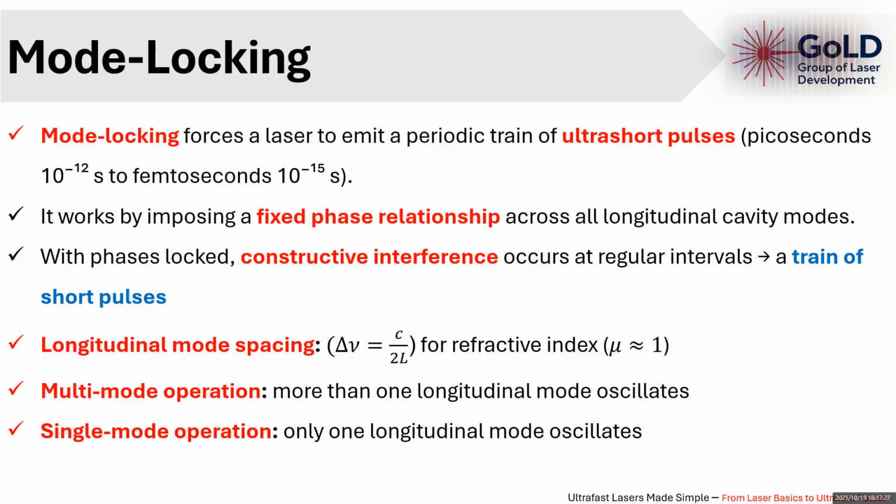Picosecond also comes, but I am talking about the common trend. So we get ultrashort, femtosecond pulses if we can fix the phase of the modes in the cavity, and fixed in this way gives constructive interference.